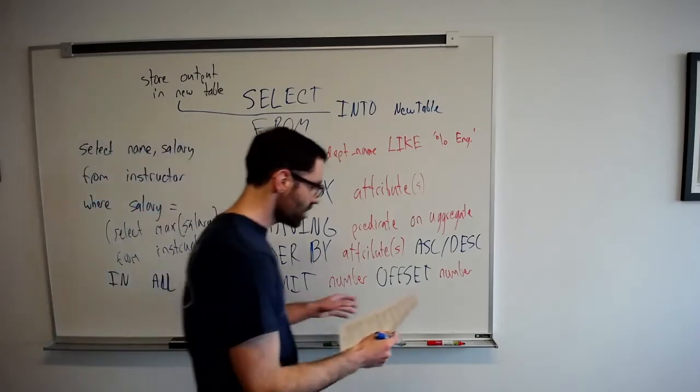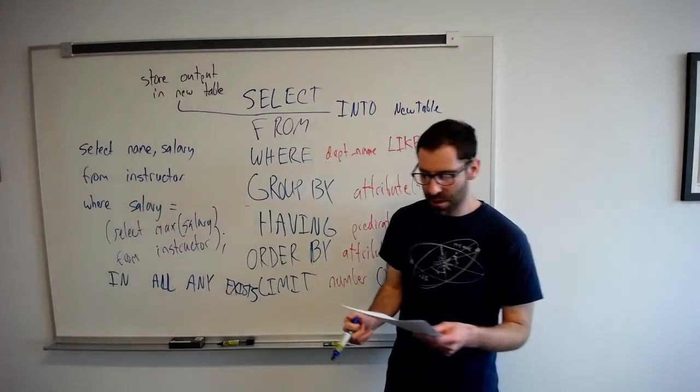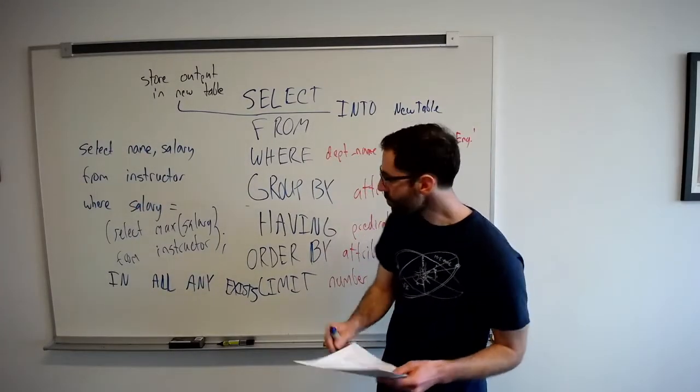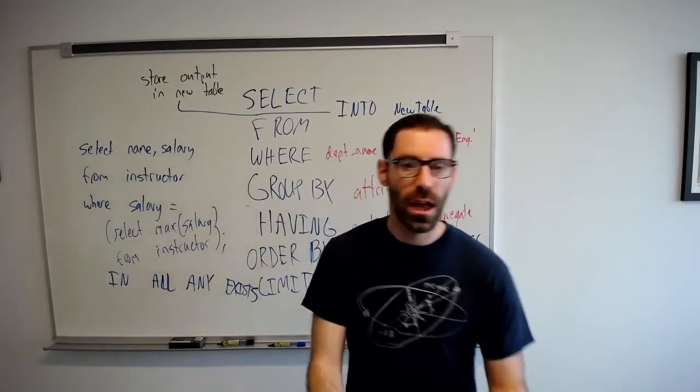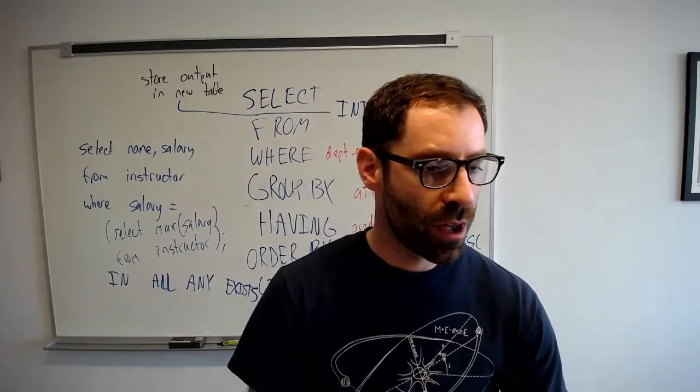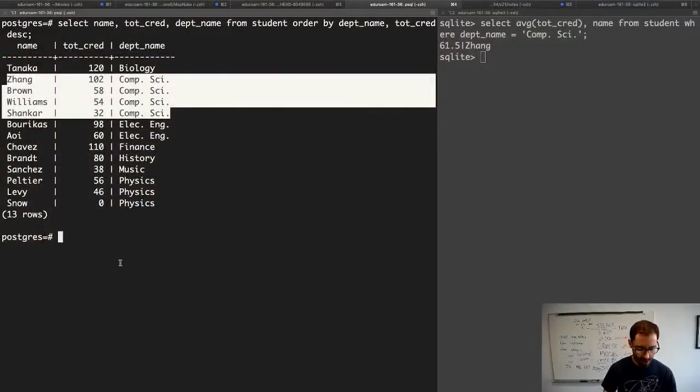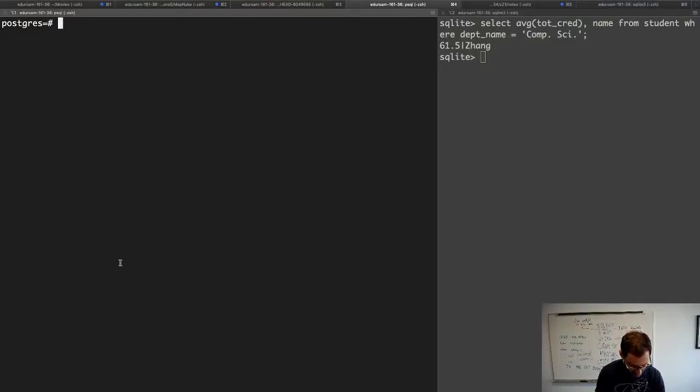I'm out of room on the board, so I will show it on the screen here. We can say something like, we want to find the names of all students who are taking the Intro CS course in our database, which is CS 101 in this case.